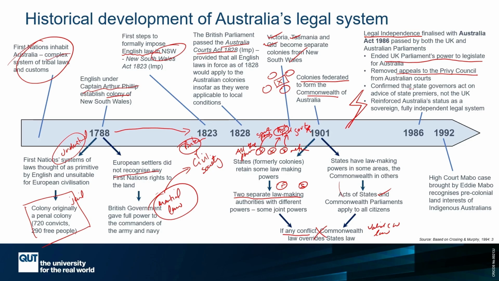It made sure that the governors act on the advice of state premiers, not the UK. So it really reinforced and made sure that Australia's status is very separate to the UK. And for instance, that's why it's the King of Australia, not the King of England, who is our head of state. So this was a critical point where we can say very clearly we have a separate sovereign nation after this long period of evolution.